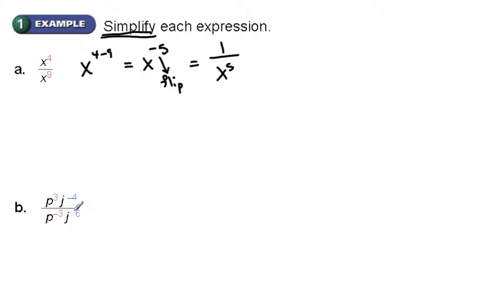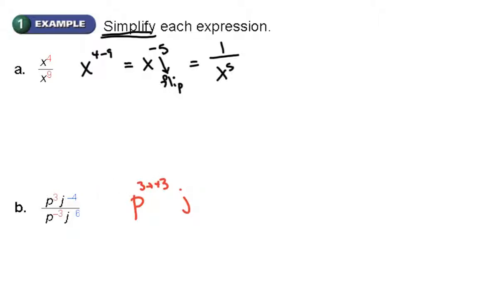Now looking at B, we have two variables. We have P and we have J. So we have 3 minus a negative 3. See why that's a good idea to write that down? Because our natural instinct is to say that that's 0, and that is not correct.